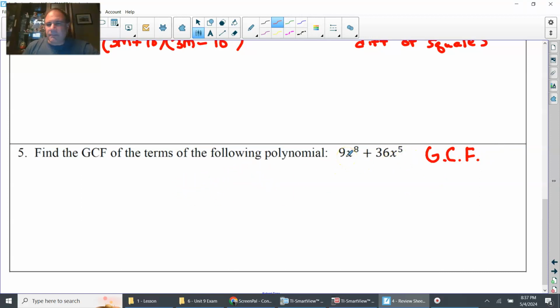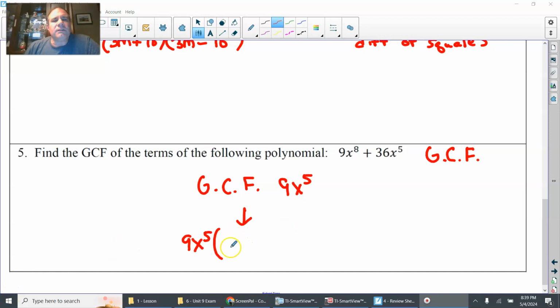What's the largest number that goes into both? The greatest common factor is 9 and x to the 5th. So you take out the smallest exponent, because x to the 5th goes into x to the 5th and x to the 5th goes into x to the 8th.